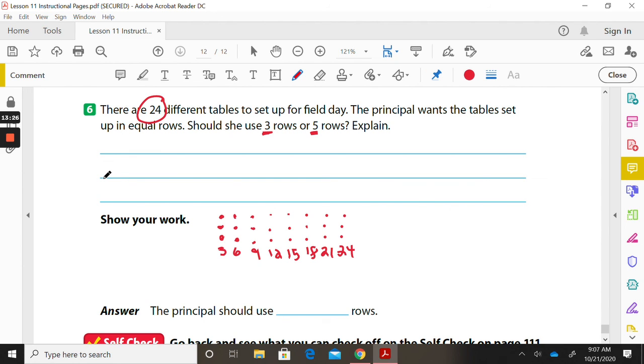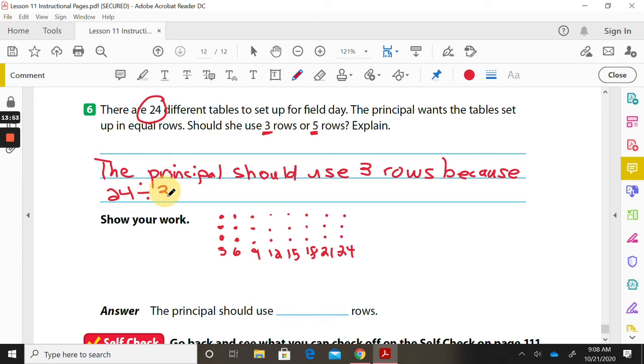So we're going to say that the principal should use 3 rows because 24 divided by 3 is 8. 24 is not divisible equally by 5.